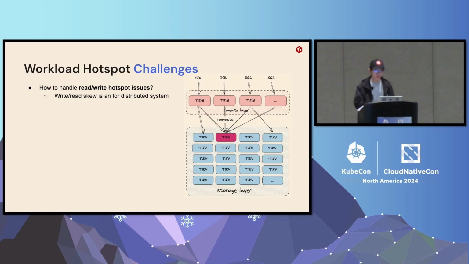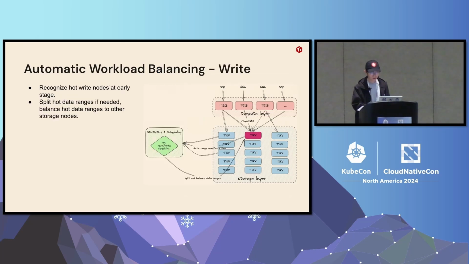So how to handle it? I just mentioned that we can collect the statistics and the workload of different data partitions and report them to the scheduling service. And then the scheduling service can trigger the split and the balancing command to the TiKV node.